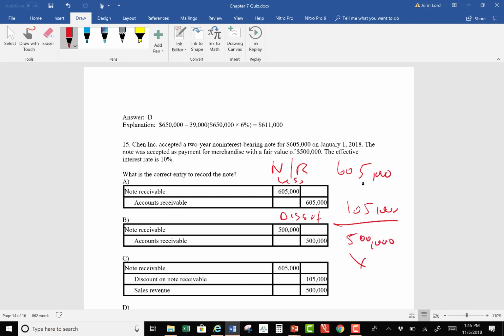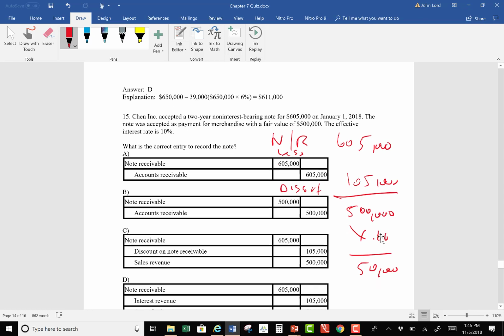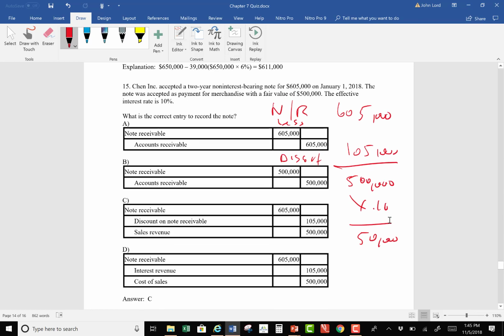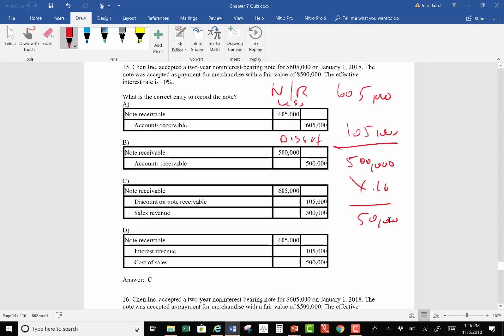And we multiplied that times the 10%. That's how they got the 50,000. So we debited the discount for 50,000. So that now put us at 605,000, the note receivable. And then we have to take the 105,000 and subtract what, 50,000?